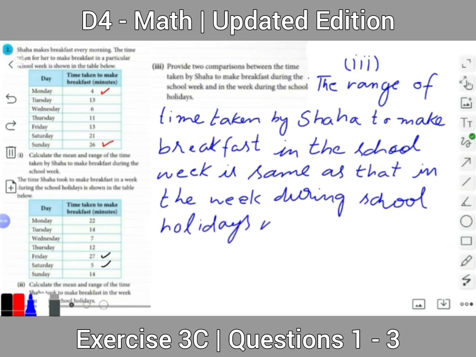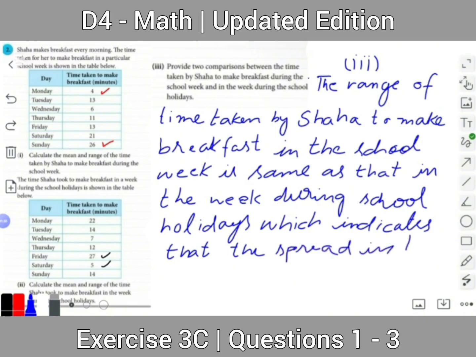Which indicates that the spread in time taken in both weeks are the same.